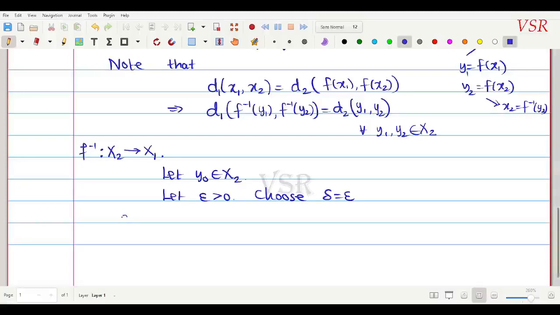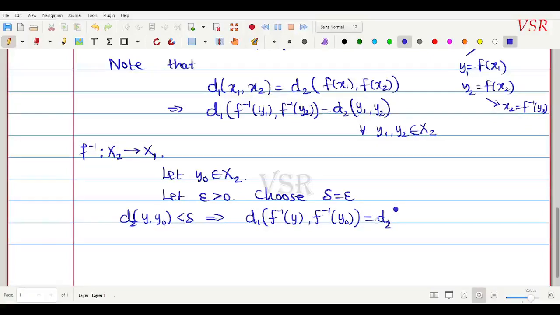Whenever distance d2 of y comma y0 is less than delta, this would imply that d1 of f inverse of y comma f inverse of y0 is equal to d2 of y comma y0.